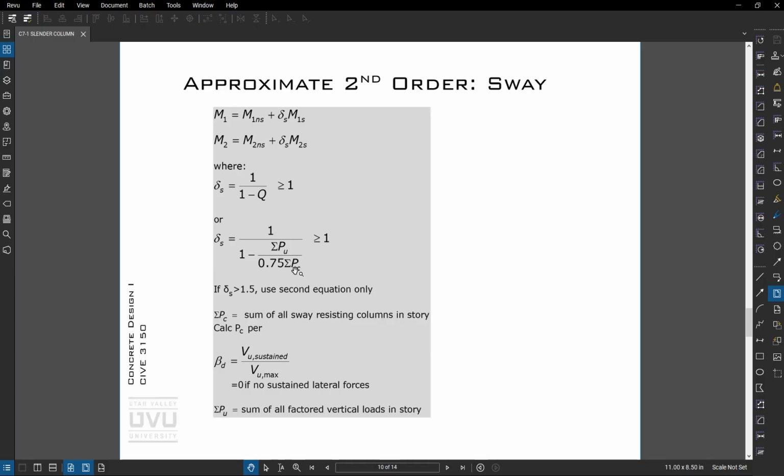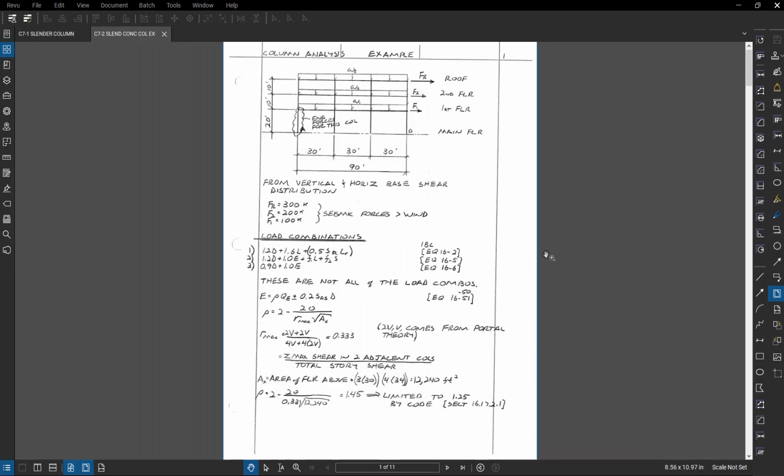And really they just come down to suffering through the analysis and the tracking of column forces and buckling strengths and whatnot. I do have an example put together on this, for both steel and concrete.